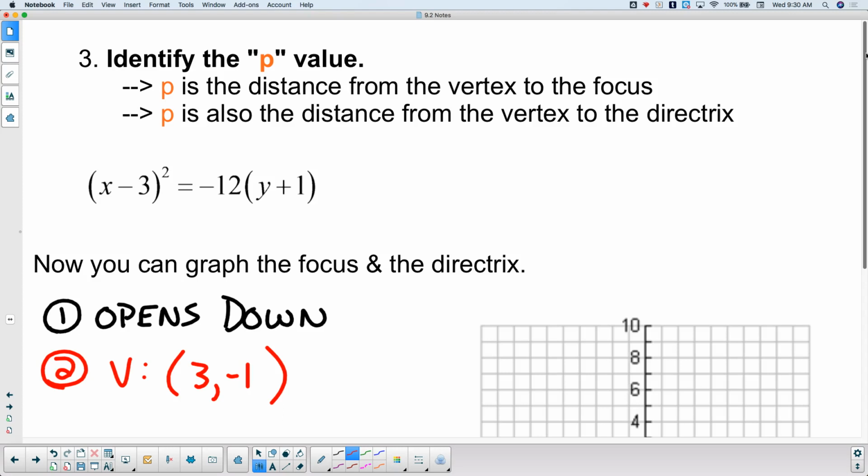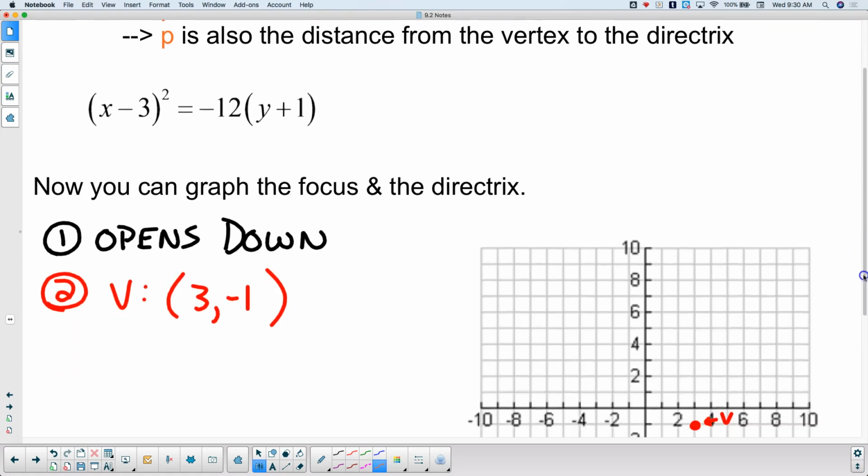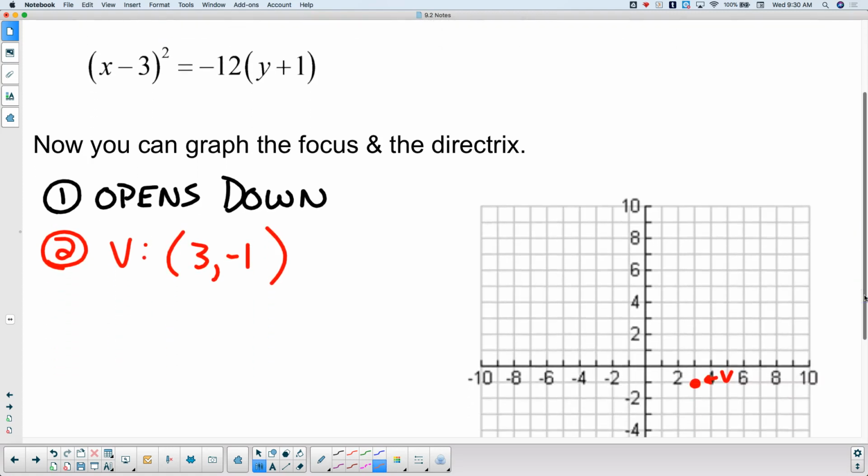So in step number 3, 4p is the coefficient on the non-squared term. So this number right there is equal to 4p. So 4p is equal to -12.